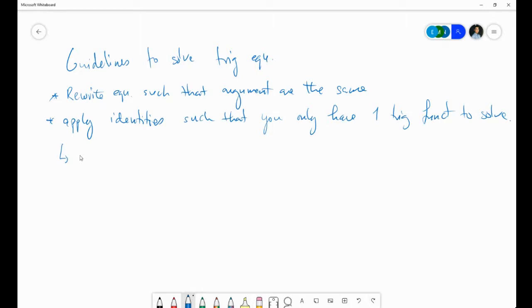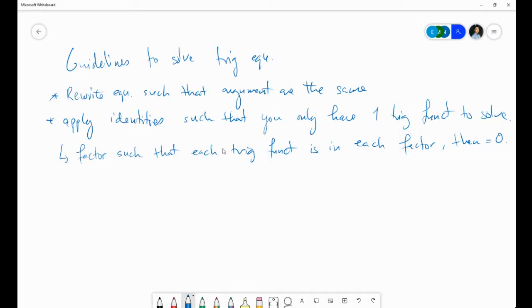Now, if you can't do that, then you have to factor them such that each trig function is in each factor, then you set each equal to 0.